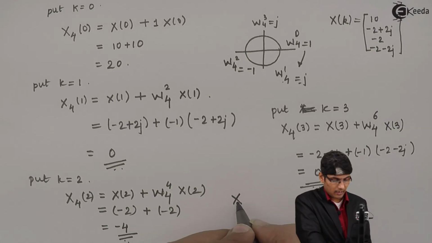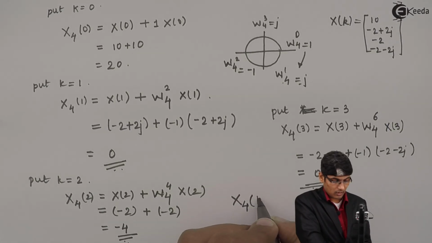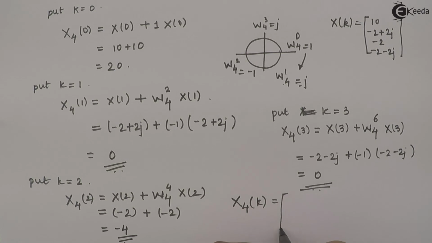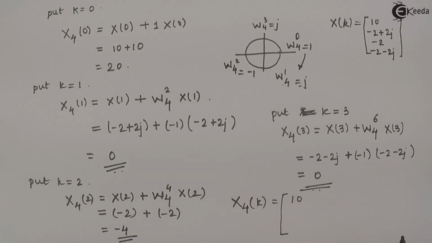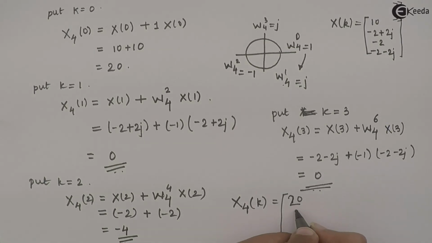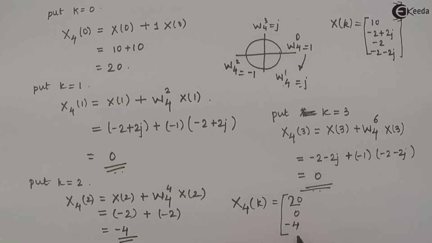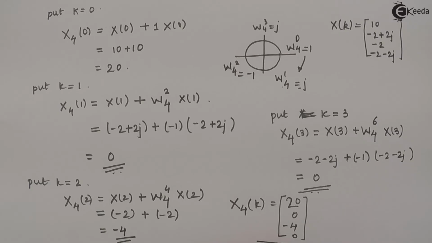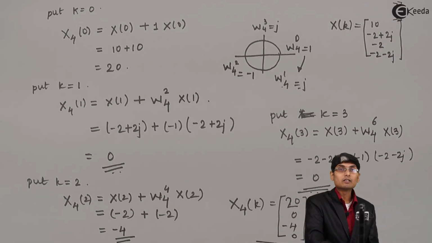So, if I write x4 of k, then I am going to get 20, 0, minus 4 and then 0 again. So, that is the given answer.